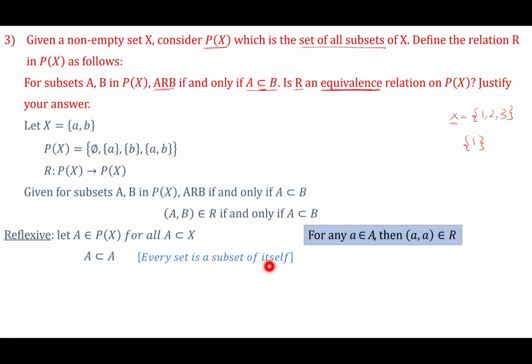Every set is a subset of itself. If A is a subset of A, which means A is related to A. A R A, the meaning is if A R B, if A is the subset of B, then A relates B. A is the subset of A, which means A relates A, which means A comma A belongs to R. If I show that A comma A belongs to R, which means the given relation is reflexive.